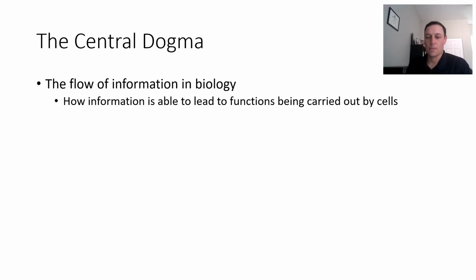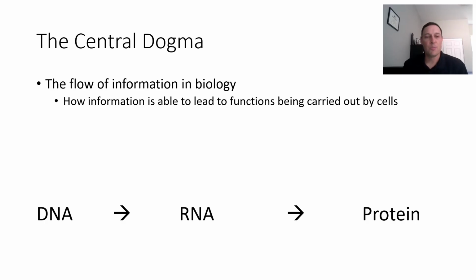And the way that it works is through this progression from the molecule of DNA to the final product of the process, which is proteins. So we have this flow: DNA goes to RNA, goes to proteins. And DNA, as you've likely learned before, is the nucleic acid that stores information or stores genes, which are recipes for how to make proteins.